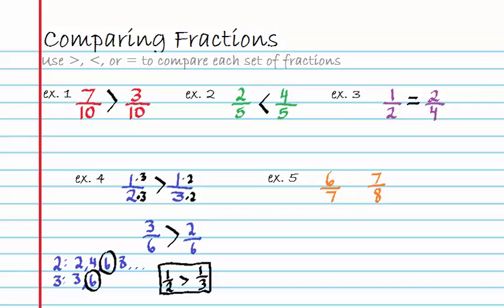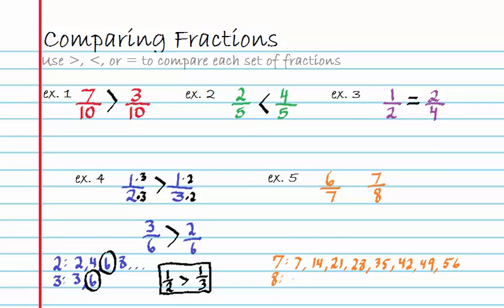Moving on to example 5, again, I do not have common denominators, so the first thing I need to do is figure out my least common multiple between 7 and 8. So for 7, it's 7 times 1 is 7, 7 times 2 is 14, 7 times 3 is 21, and I'm going to continue this list. So 7 times 5 is 35, times 6 is 42, then we have 49, 56, all right?